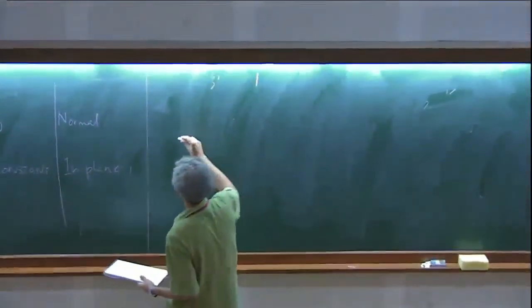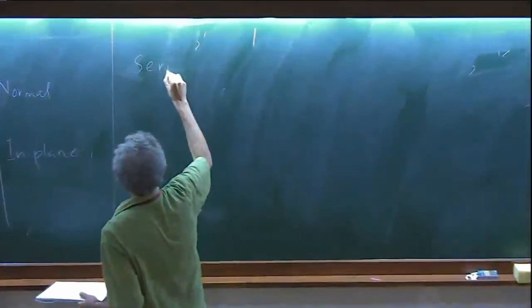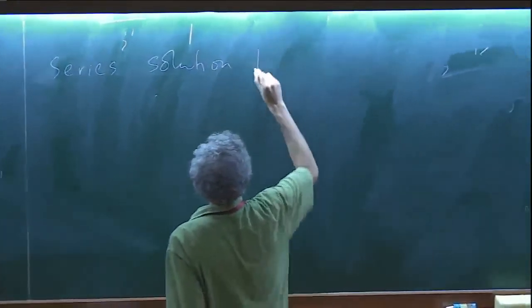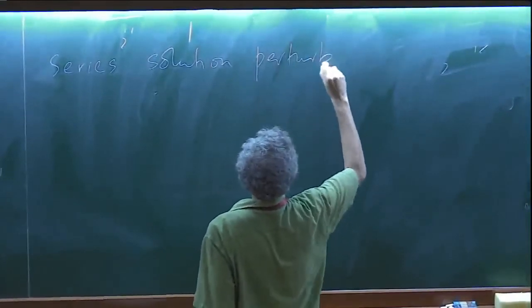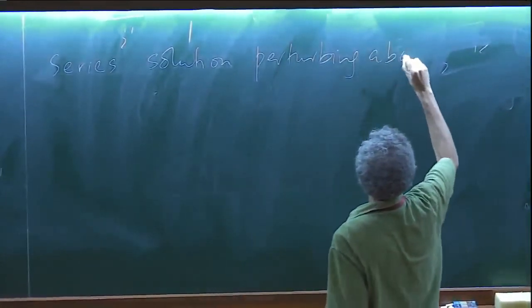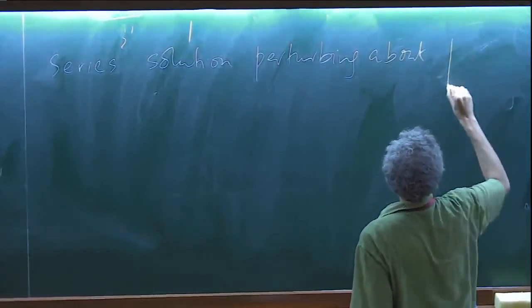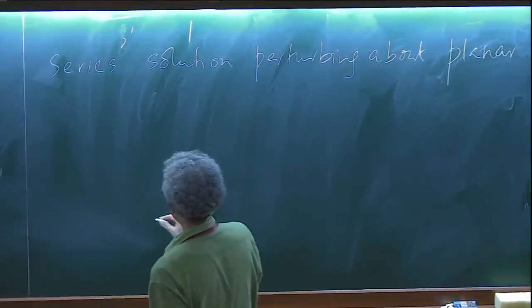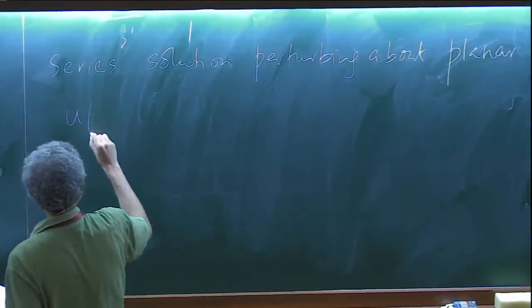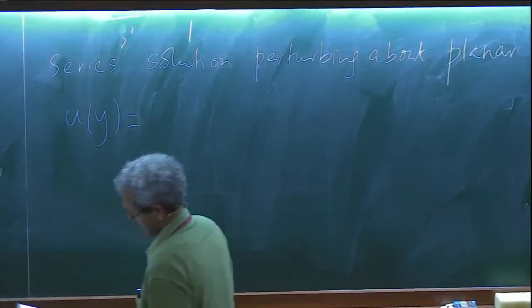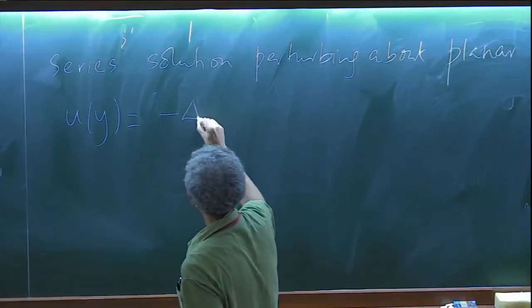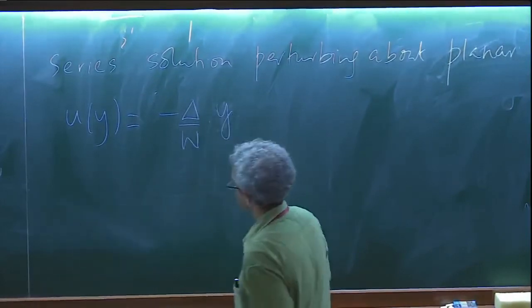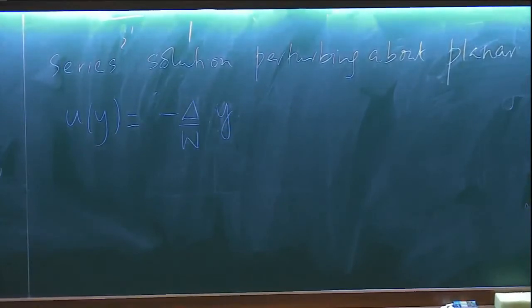So we'll try a series solution, perturbing about the planar state. The first thing I'm going to write is u of y is just minus delta over w times y, plus more. Sorry, I'll try and keep these script and the other ones capital.